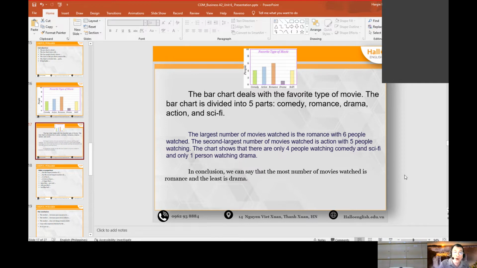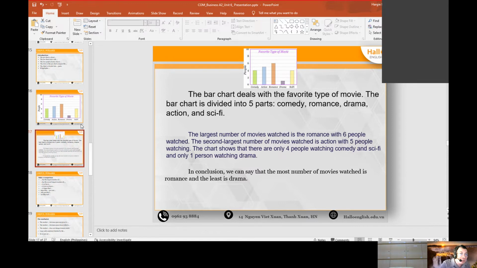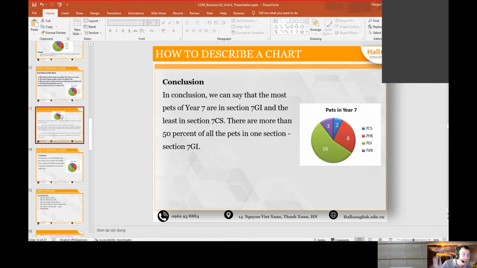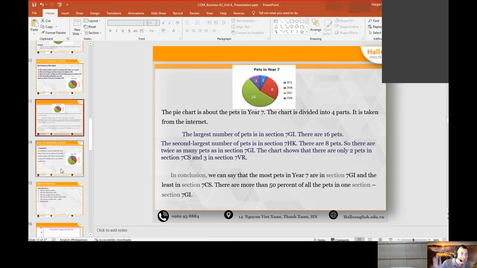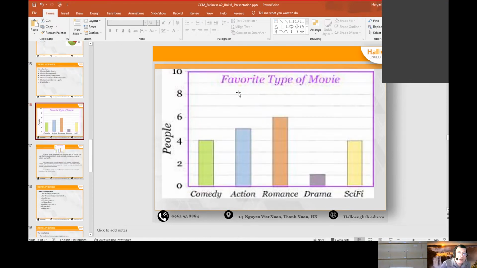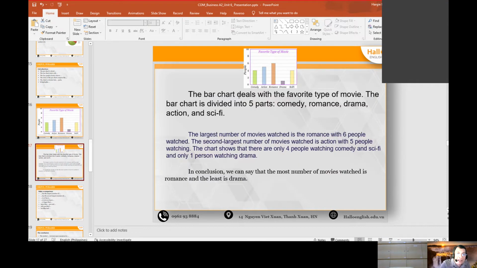That is how we are going to interpret the result of the pie graph, and after that we interpreted the result of the bar graph. So that is how we are going to interpret.